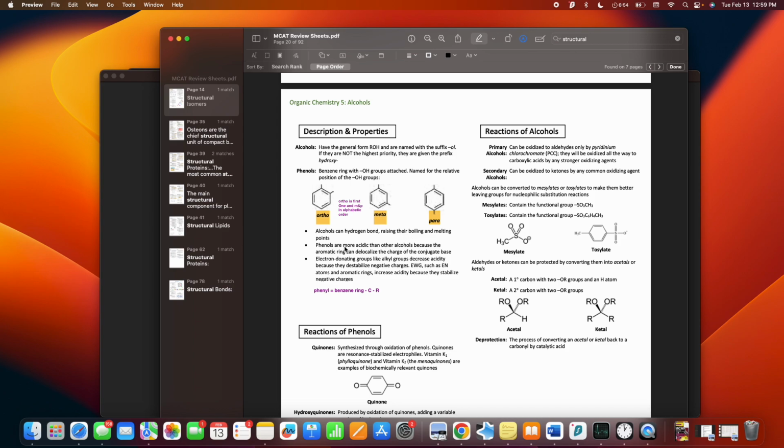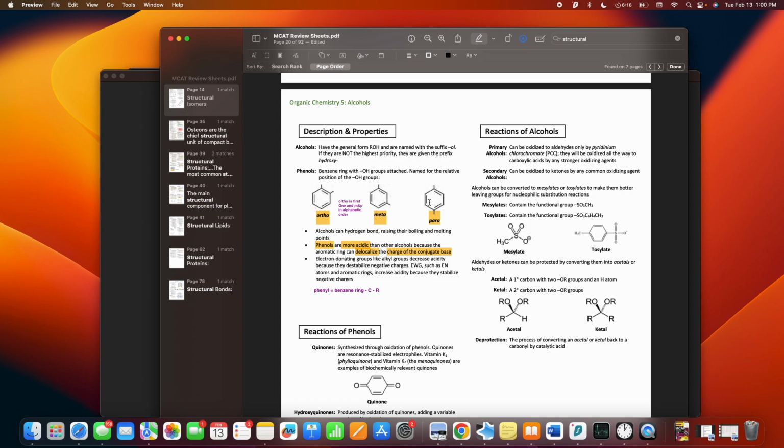So the charge of the conjugate base is delocalized, so they're more acidic. Being more acidic means that you have more hydrogen plus, right?